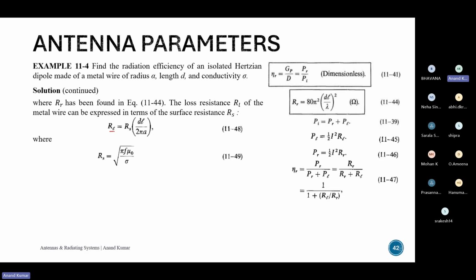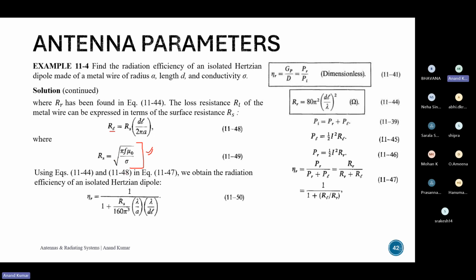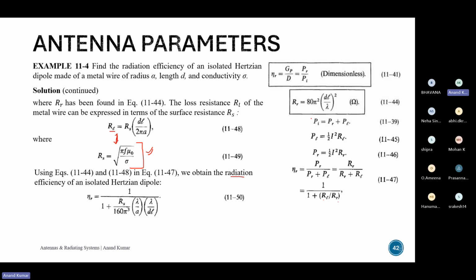The surface resistance is given as root over pi f mu naught by sigma. This is previous knowledge. We substitute that, so the radiation efficiency eta r is 1 upon 1 plus RL by RR. With RL calculated from these two expressions, and RR given here, we end up with this expression for radiation efficiency.